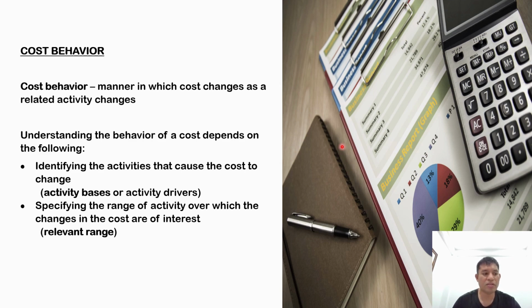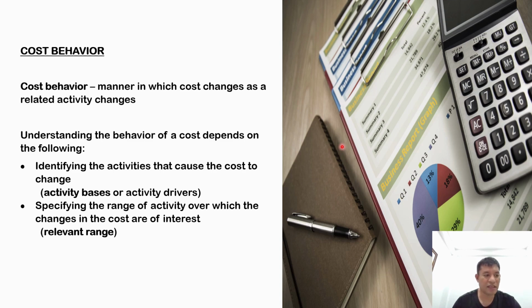So knowing how costs behave is also useful for estimating costs, which affects a variety of decisions, such as whether to replace an equipment. So understanding the behavior of a cost depends on the following. First, identifying the activities that cause the cost to change.